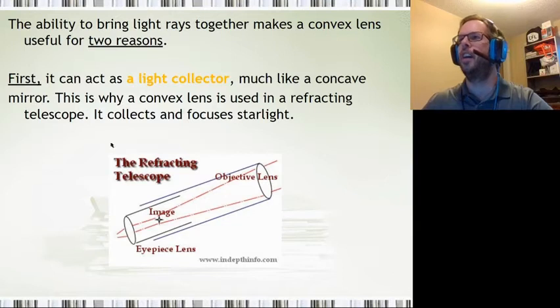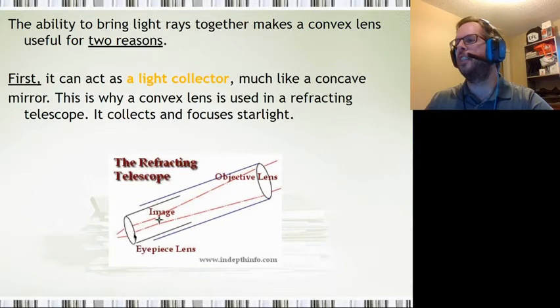All right. So there's a couple main reasons that we like to use convex lenses. There's, I guess, two main reasons that they're very useful. And one is that they act very well as light collectors because they're converging light. So you see here we've got an image of a refracting telescope.